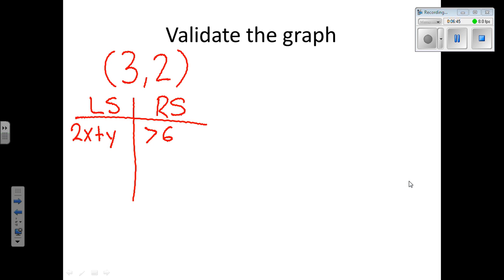So my x is 3 and my y is 2. Since 8 is greater than 6, this point on the graph is valid for that line.